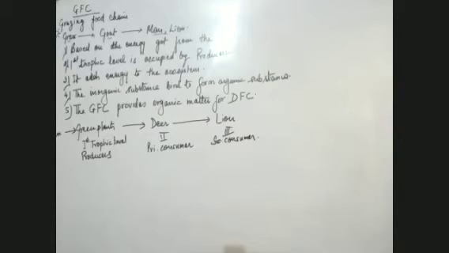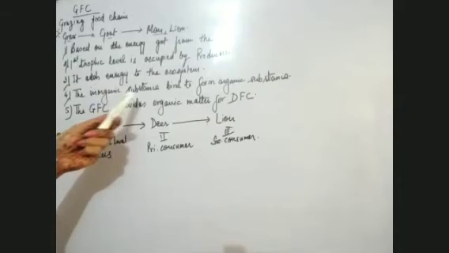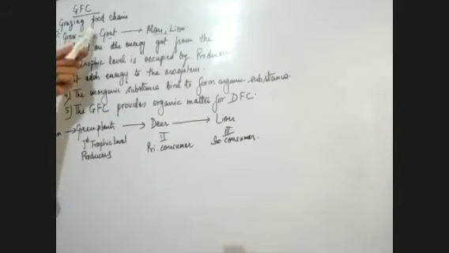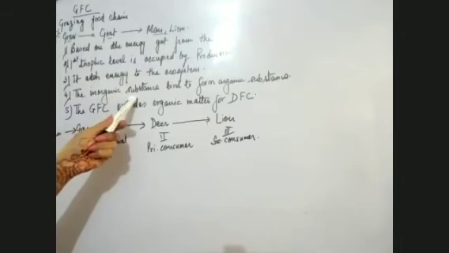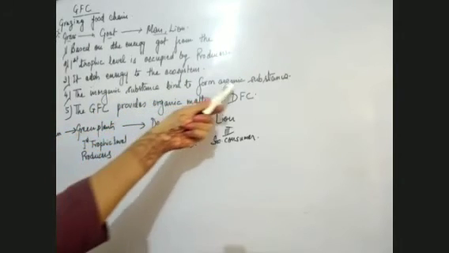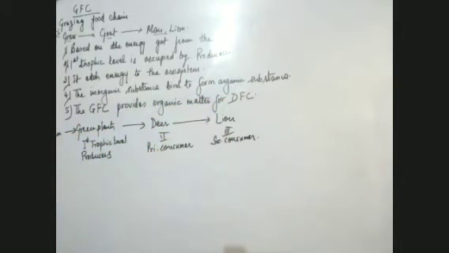They utilize the solar energy for the process of photosynthesis, and they form food. So what they are utilizing are all inorganic components. So in GFC, the inorganic components are utilized, and these inorganic components bind to form organic components or organic substances.